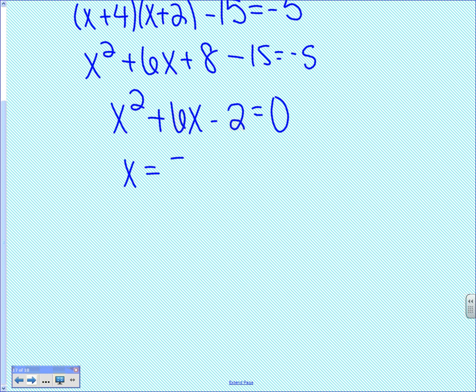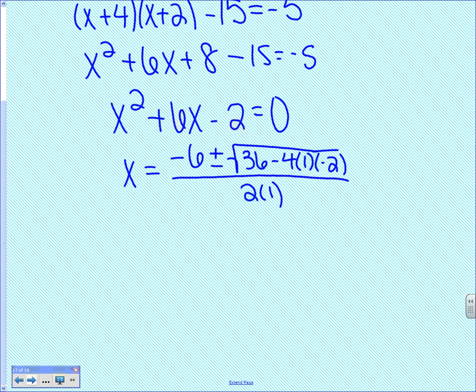Okay, so -b plus or minus... okay, so I'd have -6 plus or minus, and I have 36 plus 8 over 2. So what is 36 plus 8?